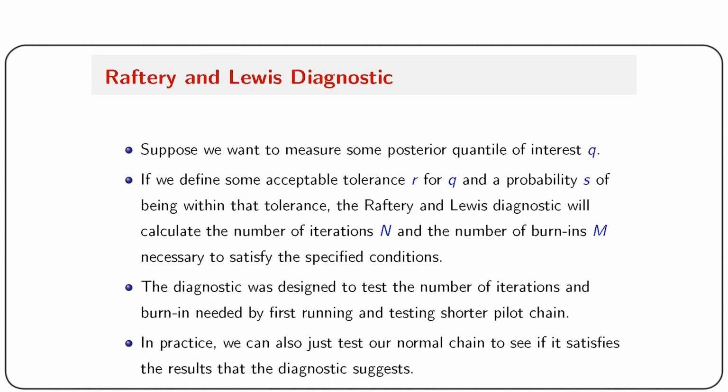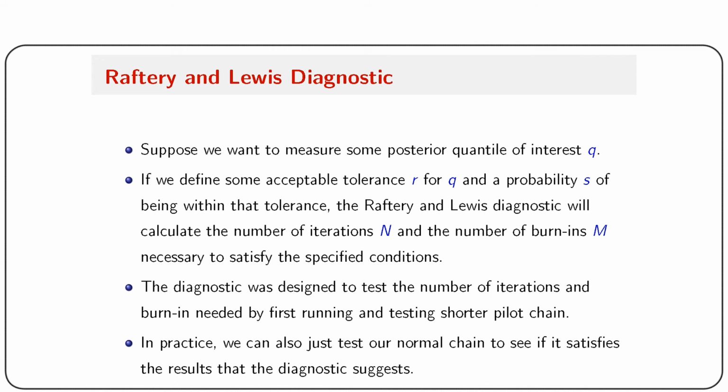Another diagnostic method is the Raftery and Lewis diagnostic. Suppose we want to measure some quantity of interest Q. If we define some acceptable tolerance R for Q, and the probability S of being within that tolerance, the Raftery and Lewis diagnostic will calculate the number of iterations N and the number of burn-in M necessary to satisfy the specified condition.